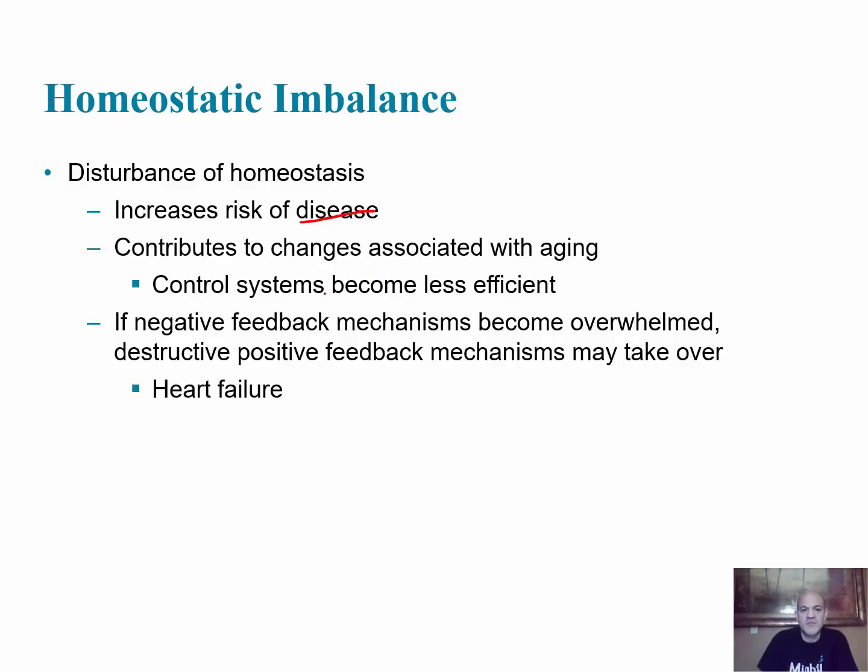So it becomes harder and harder to maintain homeostasis. You become less efficient at this type of control, at homeostatic control. If any negative feedback mechanisms become overwhelmed, that can cause destructive positive feedback mechanisms to take over. An example would be like when heart begins to fail during heart failure.